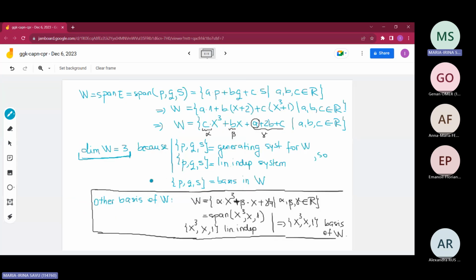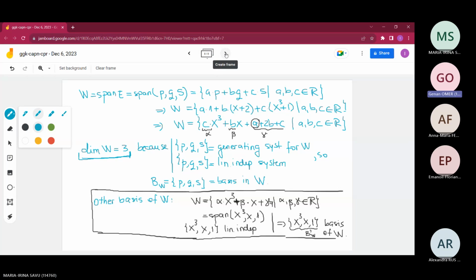So let's say that this is B_W, and let's say that this is B_W prime. Let's work with both of them. Could you complete this basis to a basis of R3 of X?